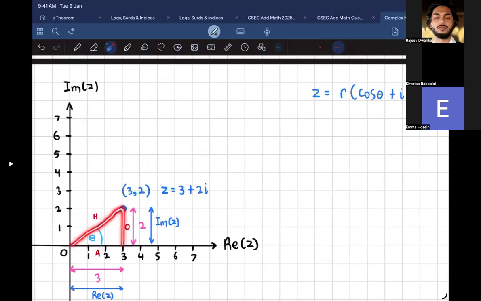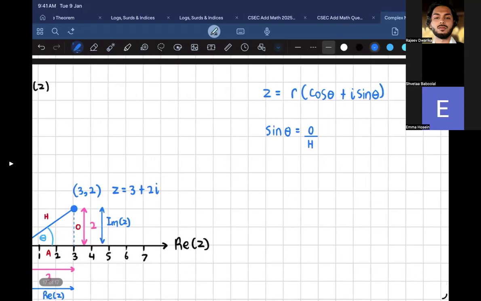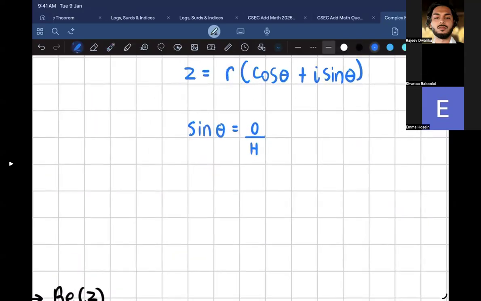Sine. So sine theta is equal to O over H. Now I want to find my imaginary length, and we have H, O and A, so you have to make O the subject of the formula. How do I do that? Cross multiply. So O is equal to H sine theta.